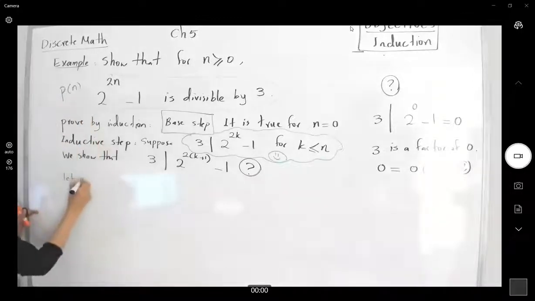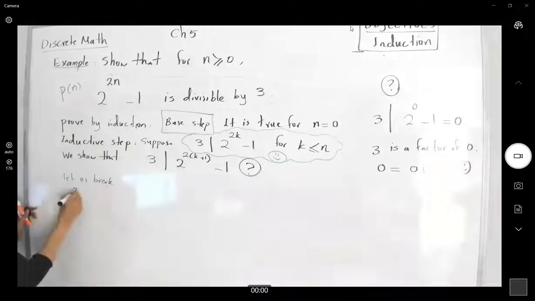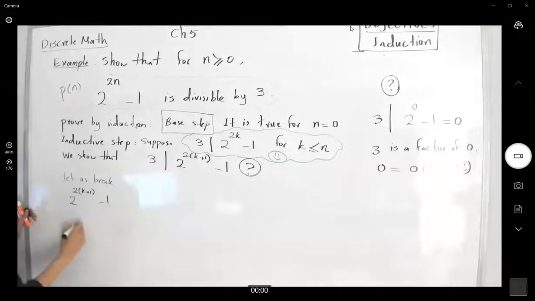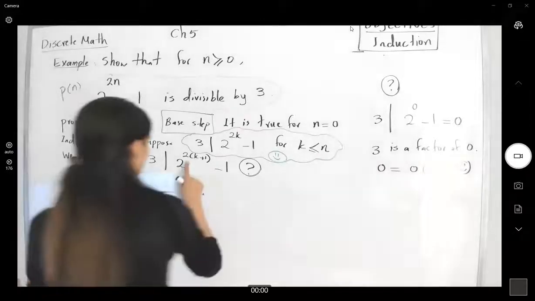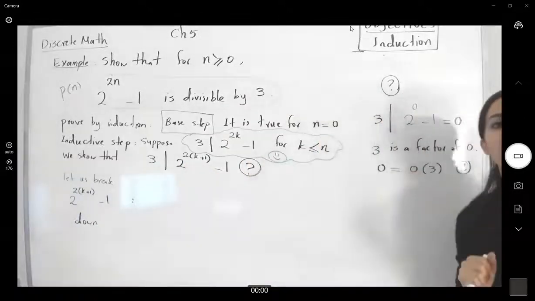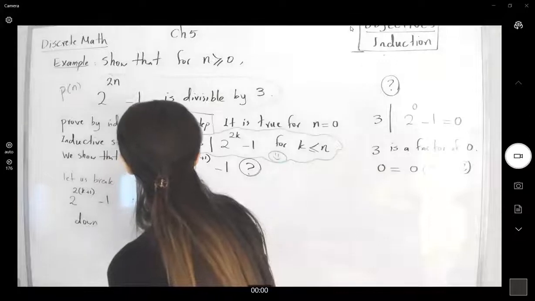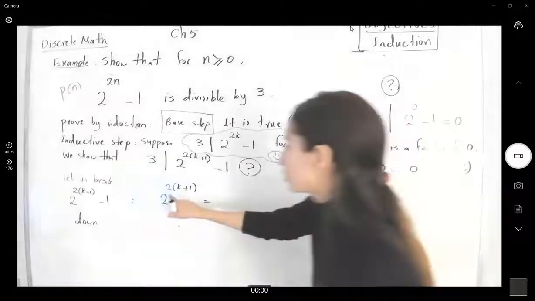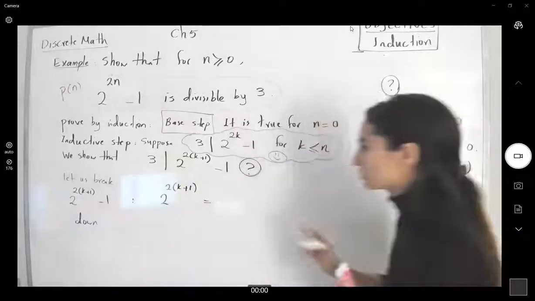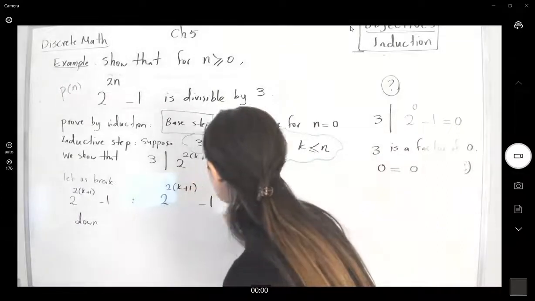So let us break 2 raised to 2 times (k plus 1) minus 1 down. How do we do that? We're going to play with the exponents. 2 raised to 2 times (k plus 1) is equal to, I distribute 2 into parentheses. Let us write down minus 1 as well. We don't want to lose that.